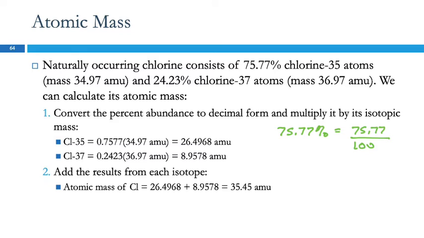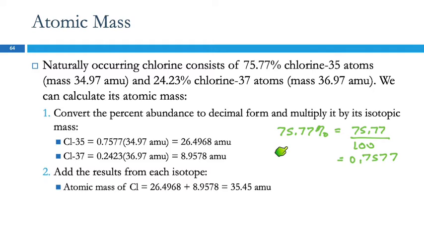Percent literally means per 100. Well, if you did that math, you'd end up with 0.7577. This is the fraction of a whole instead of how many out of 100.